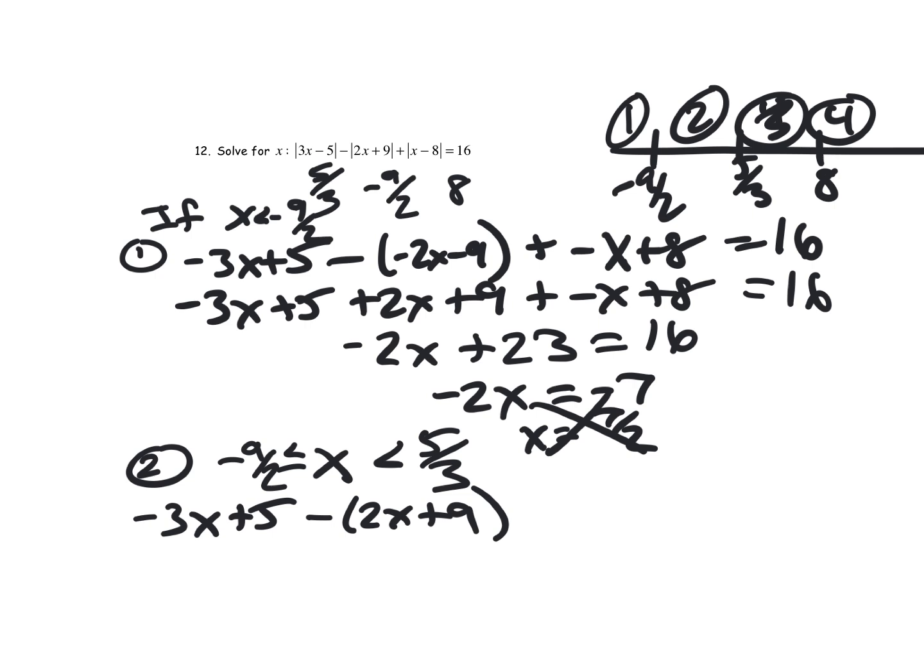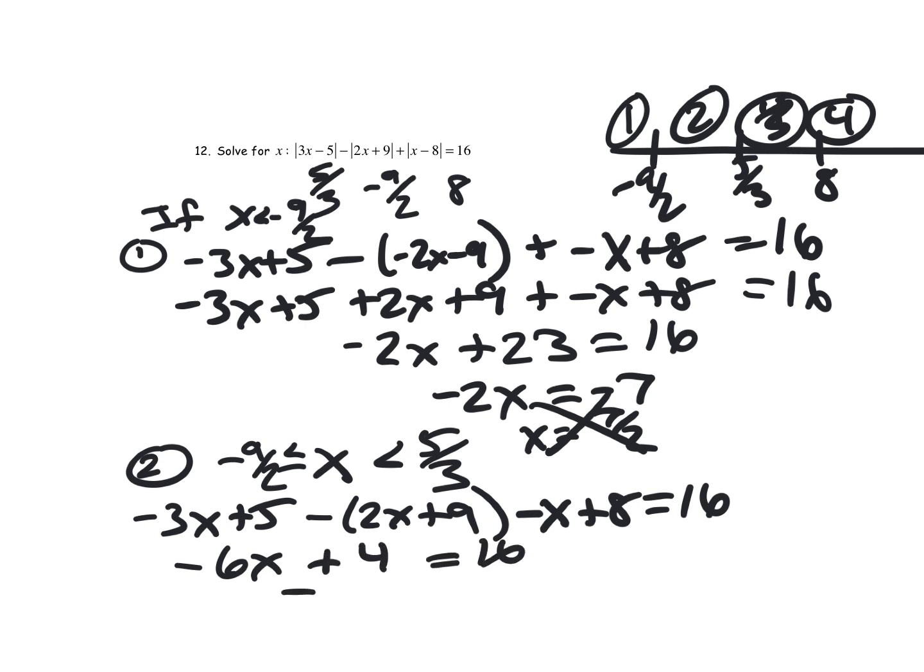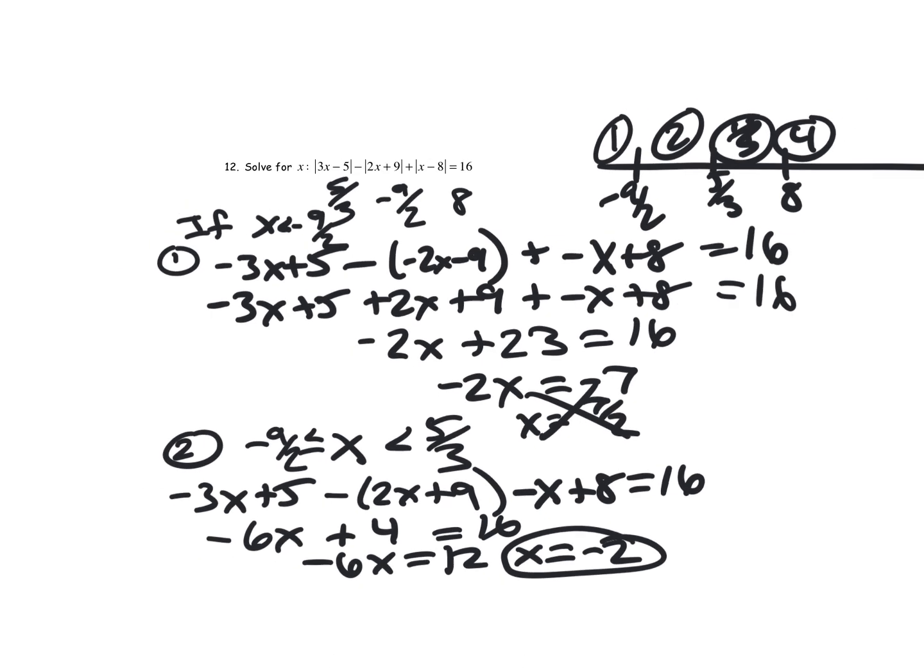And then x minus 8 would still be negative, so minus x plus 8 equals 16. So solving this, we've got negative 3, negative 6x, and then 5 minus 9 plus 8. So negative 4 plus 8 will be plus 4 equals 16, or negative 6x equals 12. x is negative 2. And is that in the restriction between negative 9 halves and 5/3? You bet it is. So that actually is going to be a solution.